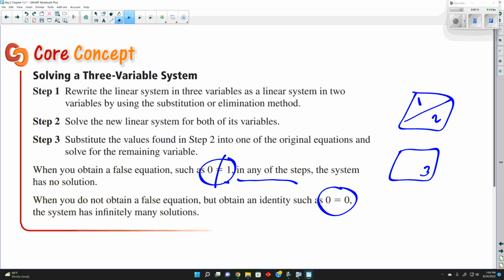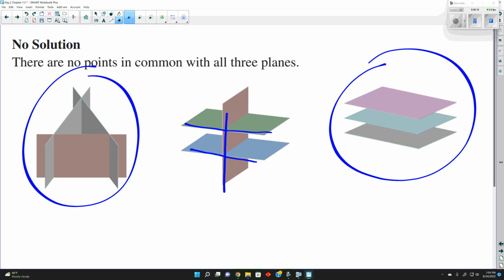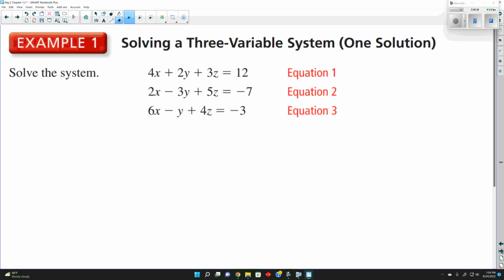Because again, we need all three to intersect. Because as soon as we see, let's go back one, like this here, the two that are flat, that gives us a false statement. They don't intersect. Well, if those don't intersect, there's no way we can have a solution because we need all three. That's why we can stop with the no solution right as soon as we get it. But the infinitely many, we have to take it all the way to the end.